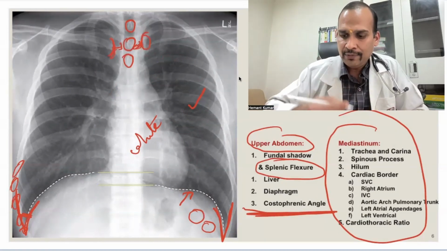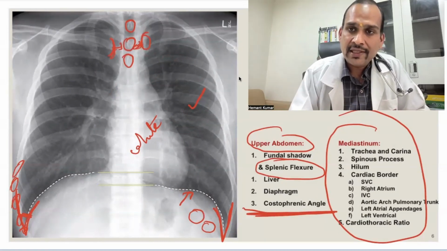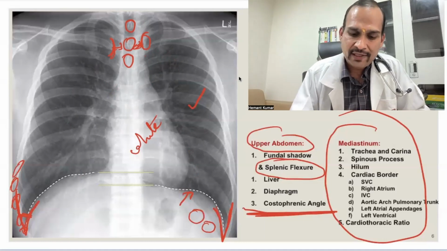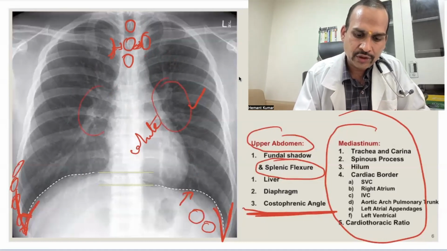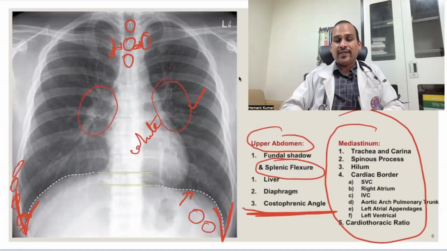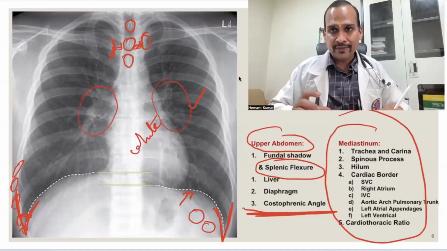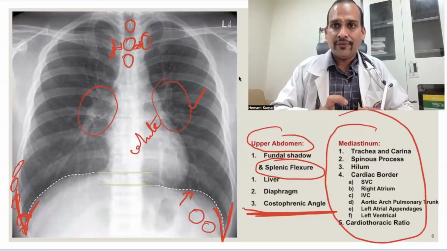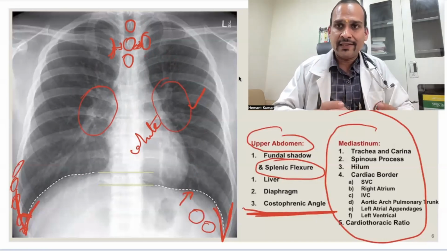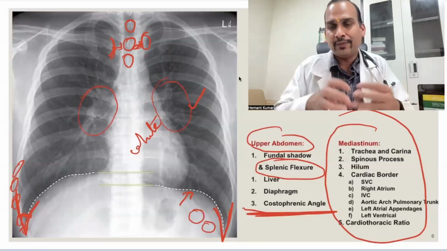Then come downwards, there is the hilum. What is the hilum? Can you see this prominence on both sides? So this is the hilum. The hilum is the part of the lung where the lung receives blood vessels and the main bronchus.